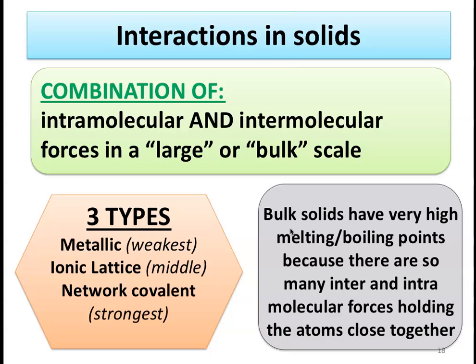Three types: metallic, ionic lattice structure, and network covalent, to give them a ranking. These things have extremely high melting points and boiling points. There are so many interactions, both intra and intermolecularly, that give it amazing strength.